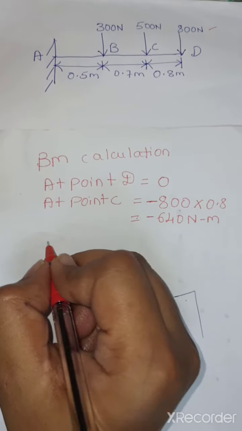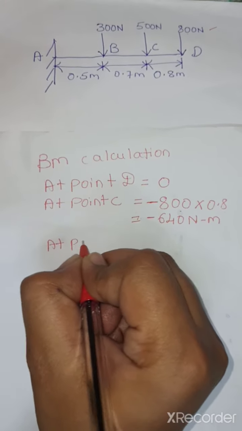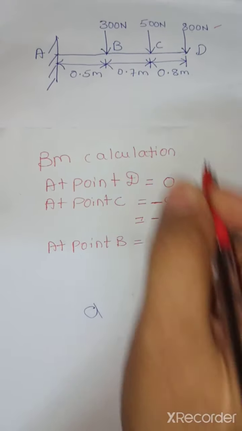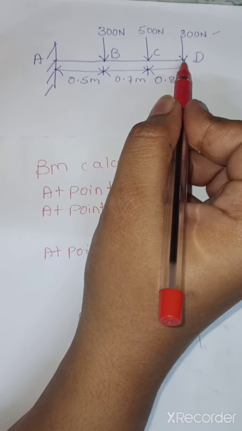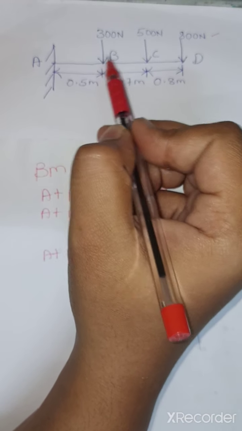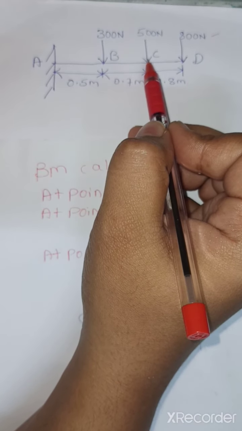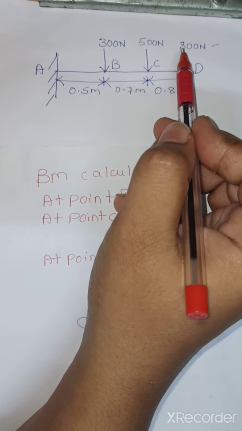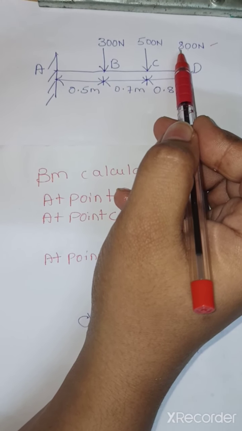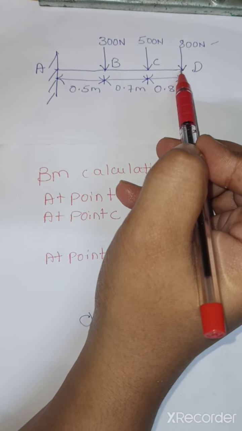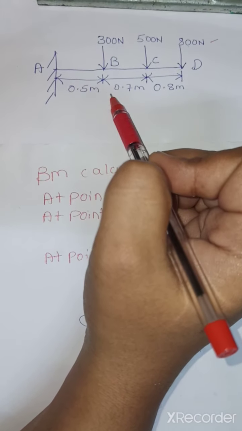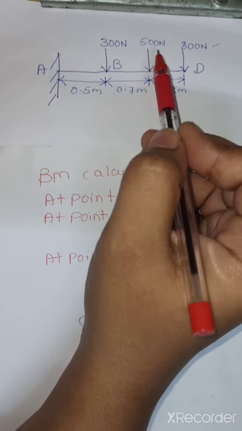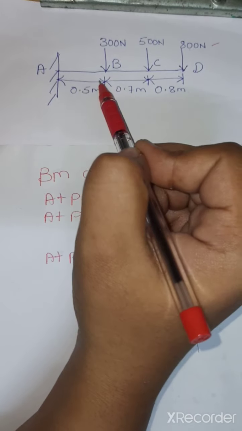So next is at point B. At point B we are going to consider the effect of forces acting at C and D. Starting from D, the force acting at D is 800, and the distance between D and B is 0.7 plus 0.8, which is 1.5 meters. So 800 into 1.5, then 500 into 0.7.